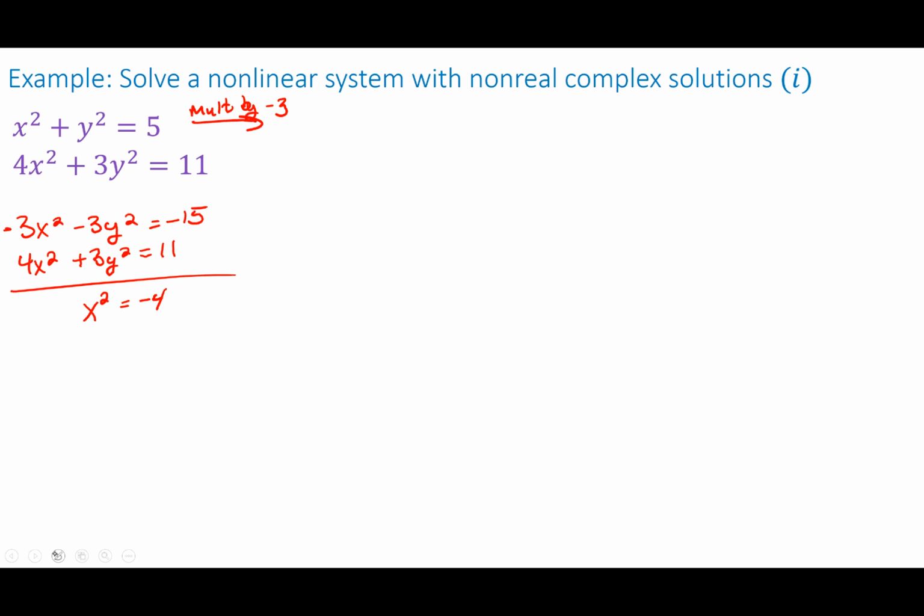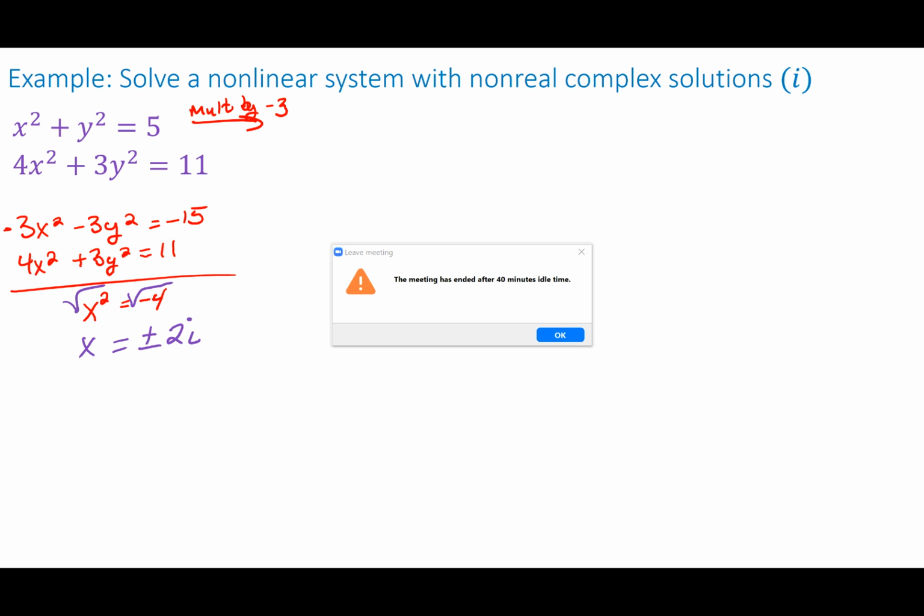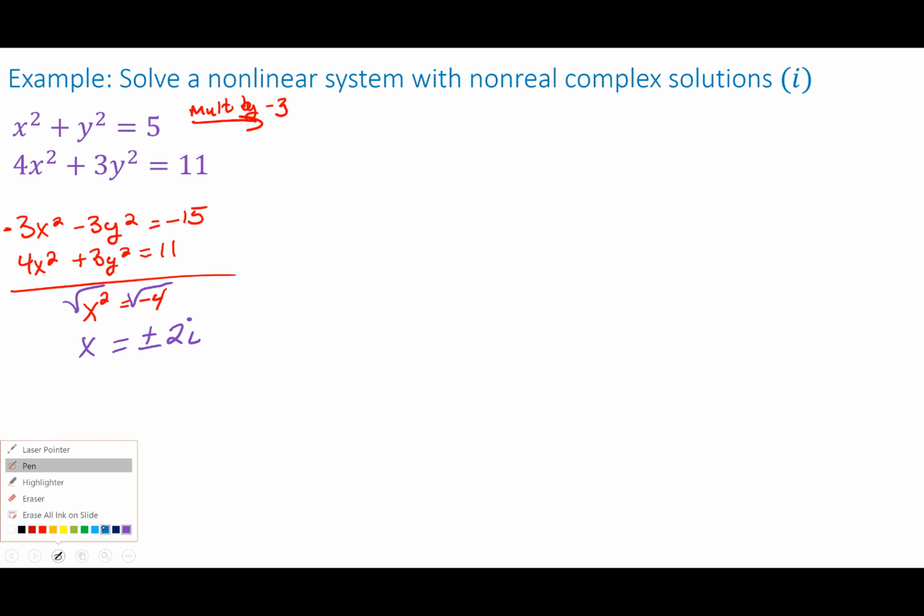We're to undo the squaring by using square roots. Undo the squaring brings in plus minus, and the square root of -4 using complex solutions is 2i. So x is going to be equal to plus or minus 2i. Now we have to take that and find the y values.